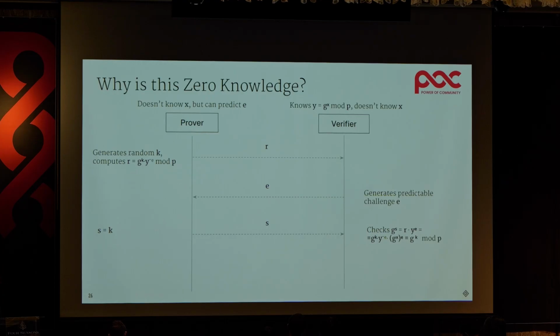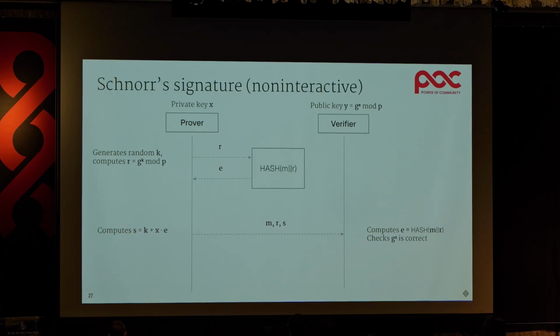And since we can't extract any information from it, that means that this protocol is zero knowledge. You've actually probably used this protocol unintentionally, because if you substitute this verifier challenge being created by the actual verifier with a hash, then this becomes a Schnorr signature, which are used everywhere nowadays.